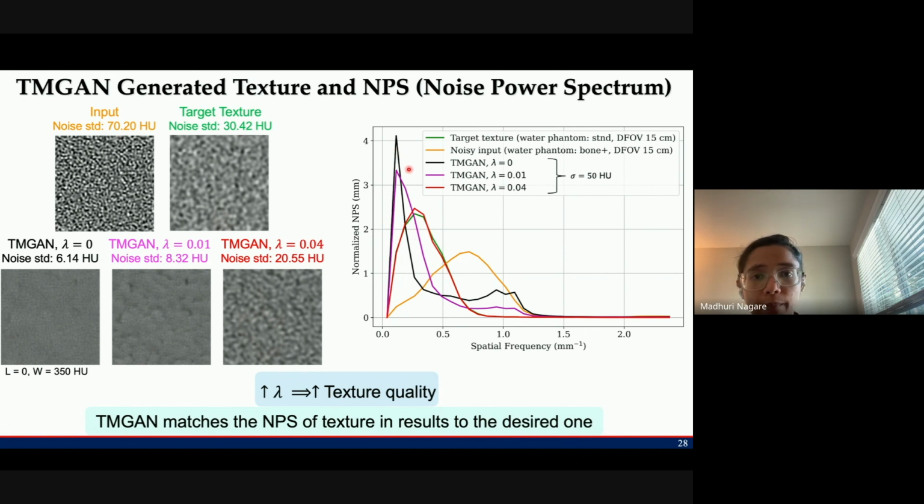This black line is lambda equal to 0, then magenta is 0.01, and then the red line is lambda 0.04. So as we got to 0.04, we are very close to the target texture in terms of noise power spectrum and even visually. But the noise standard deviation is reduced. So this is very close to what we decided as a goal in the beginning of this presentation.